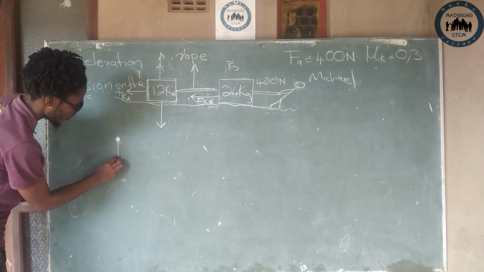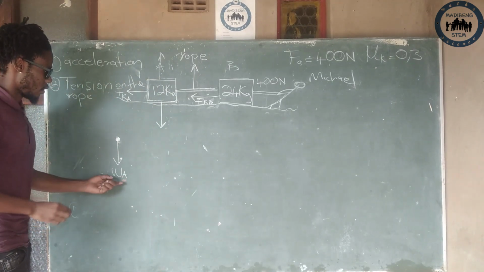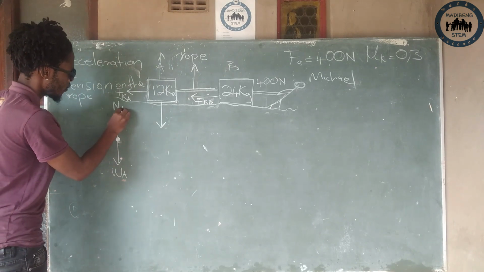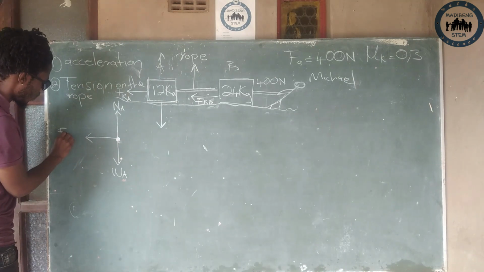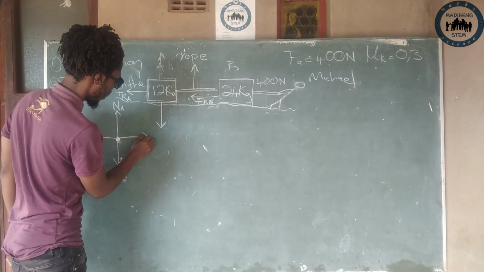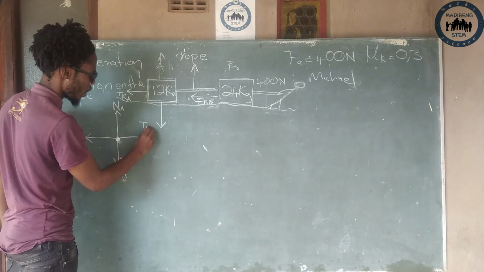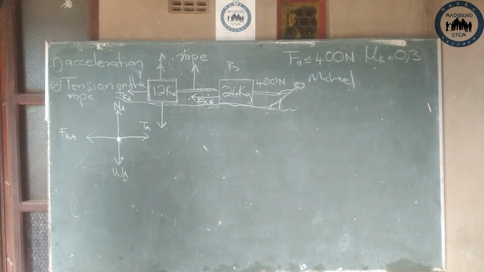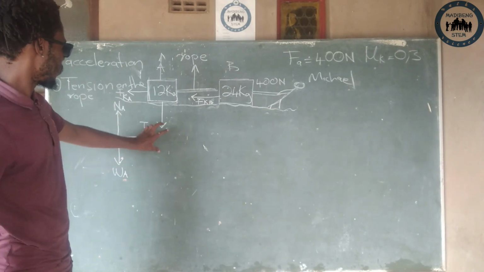So there is a weight which is WA, and there is normal force NA. We have frictional force FkA. We have tension, which is this string acting away from the object. So we are finished with this one.